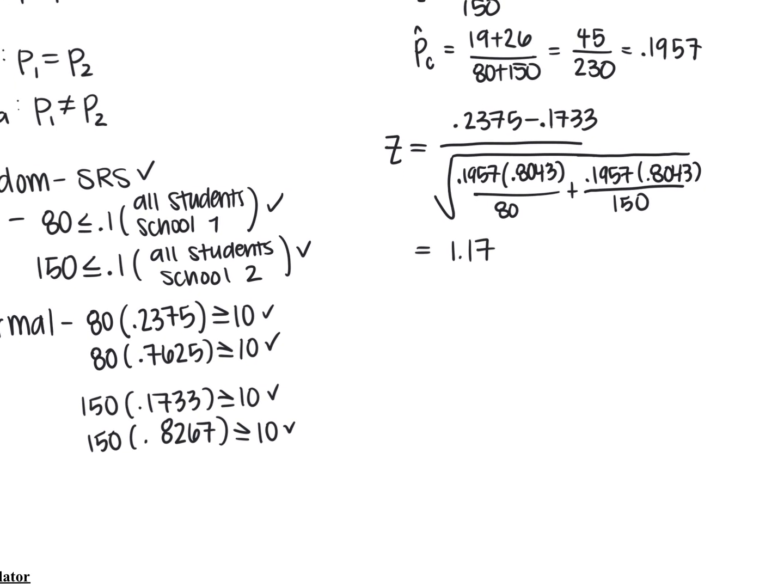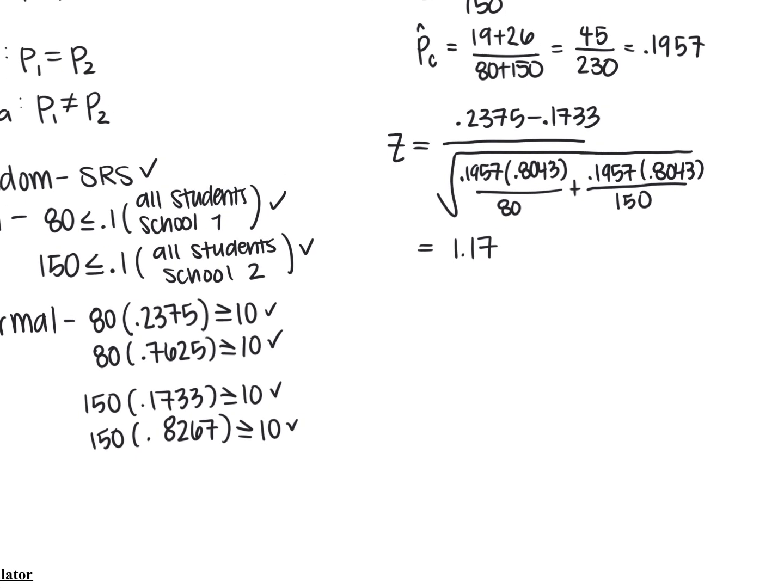So now I'm going to go to normal CDF. And because I haven't specified in which direction, and it does not equal, I use the sign of my z-score to determine what my lower and upper bounds are. So my lower bound is going to be 1.17.